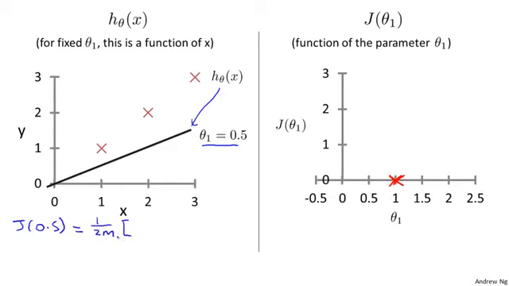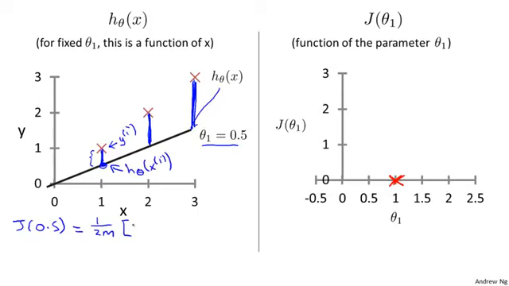It turns out that the cost function is going to be the sum of squared values of the height of this line, plus the sum of squared of the height of that line, plus the sum of squared of the height of that line, right? Because this vertical distance is the difference between y_i and the predicted value h of x_i.